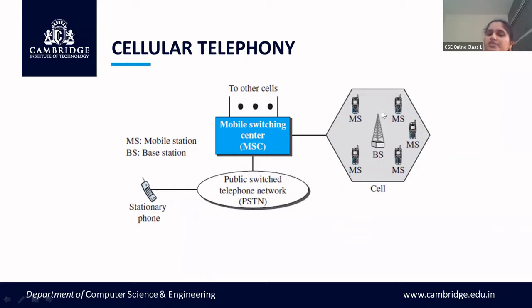The base station is fixed, whereas these nodes can wander around between the cells and are not fixed.